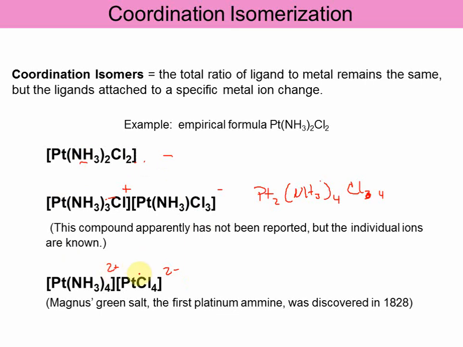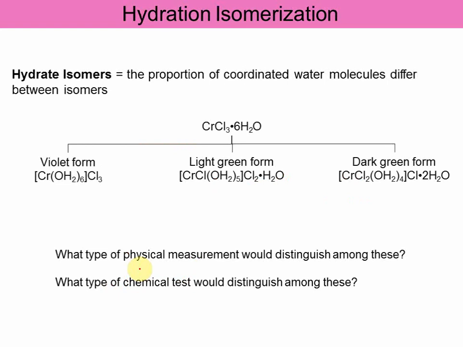Hydrate isomers are where you have the proportion of coordinated water molecules that differ between the isomers. So in this example, we have chromium trichloride with 6 water molecules.